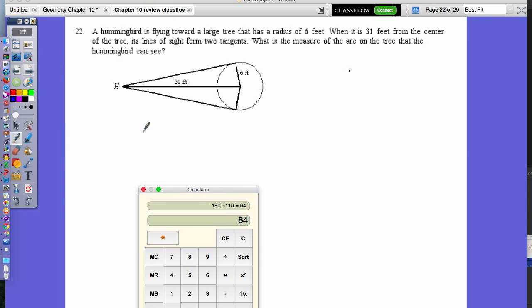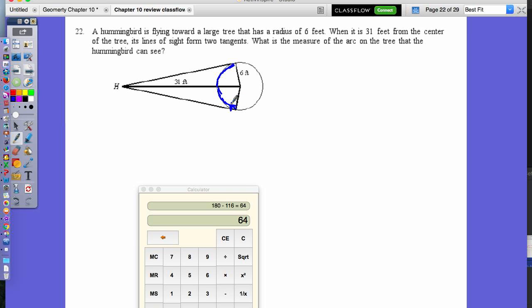For number 22, a hummingbird is flying towards a large tree that has a radius of 6 feet. When it is 31 feet from the center of the tree, the lines of sight form 2 tangents. What is the measure of the arc of the tree? So I want that and that.